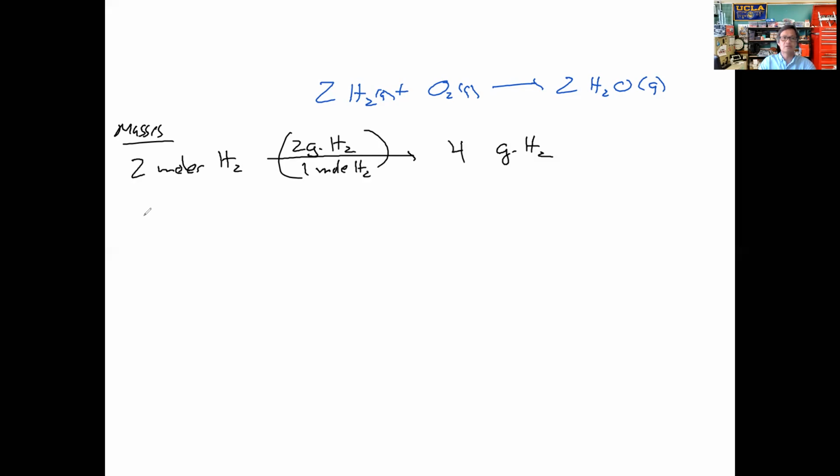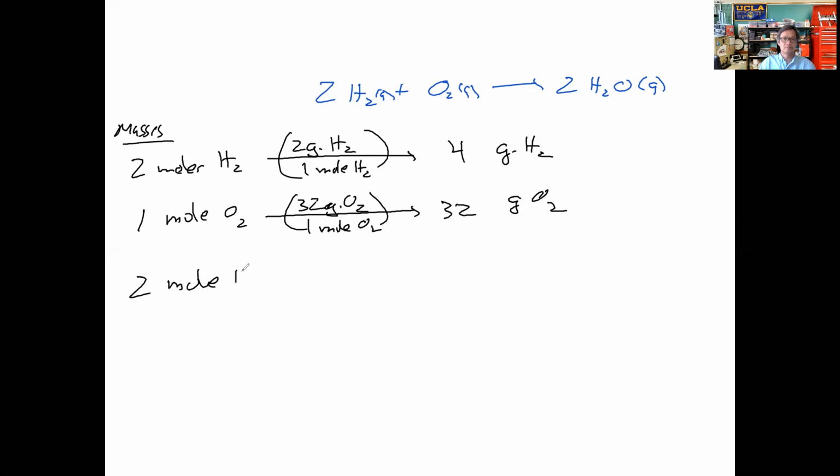Let's do the same thing with oxygen. We have 1 mole of oxygen. We want to find the grams of oxygen. That's going to be 32 grams of O2 over 1 mole of O2, that'll be 32 grams of oxygen. And then finally 2 moles of water.